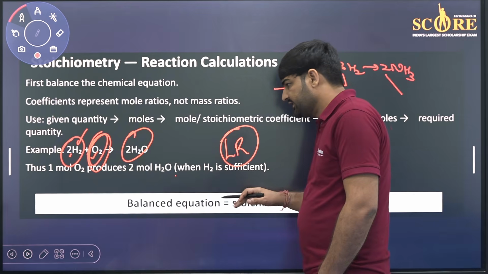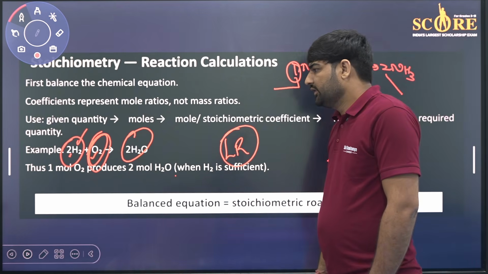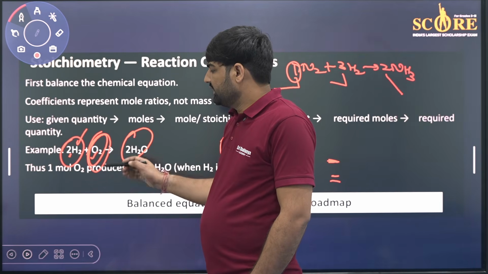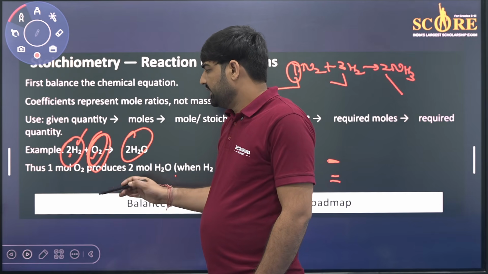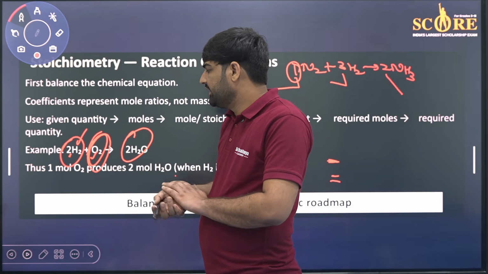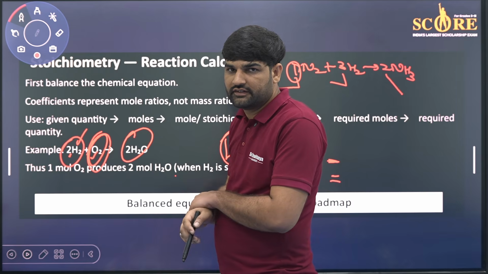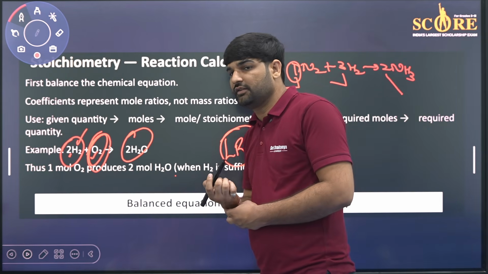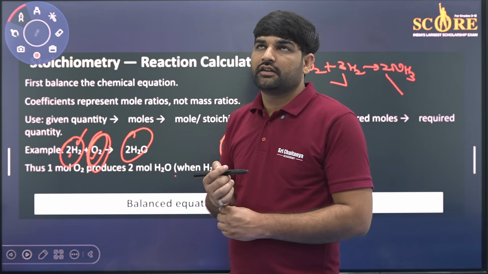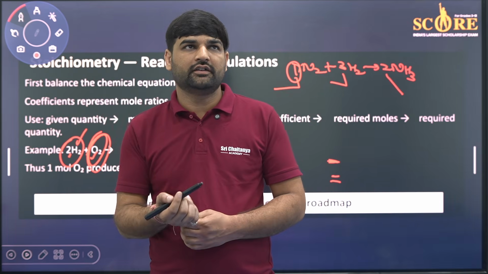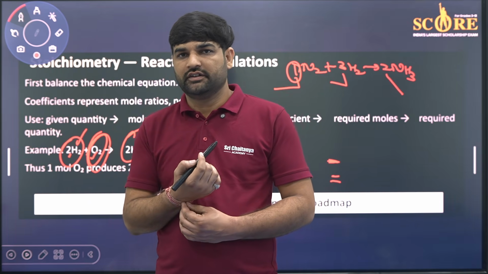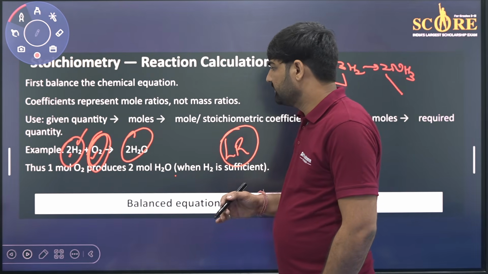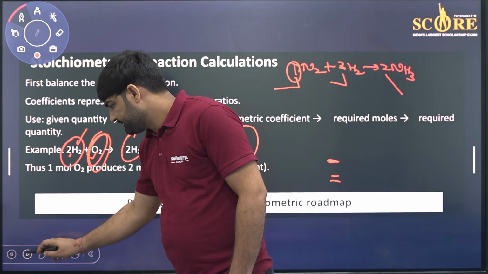Here H2 is in sufficient amount, and if I take H2 in excess amount and O2 in limited amount, then O2 will be known as the limiting reagent, and further reaction or calculations will be done using the limiting reagent. So we take an example for LR calculation.